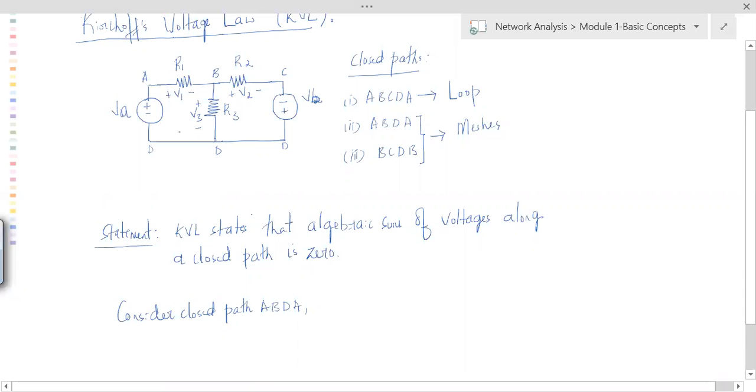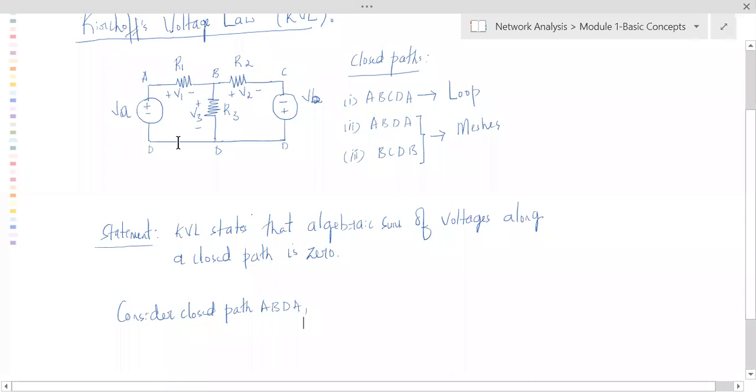There are three closed paths, and we have considered this particular closed path now. When we are moving along, we have to move in one particular direction. You can move in clockwise direction, or even anti-clockwise direction. Everybody should understand this because this is very important. You have done this in PU. There are some people who move anti-clockwise, some who move clockwise, but let's all follow the same convention here.